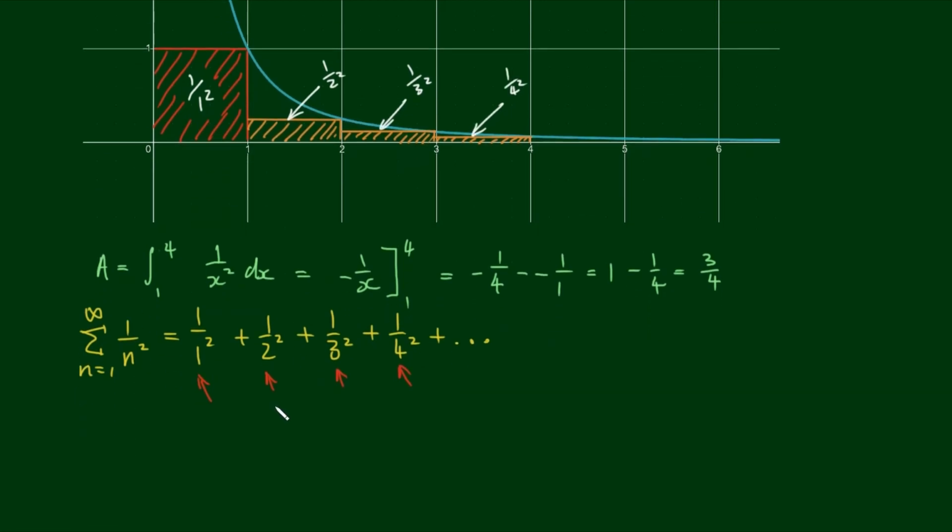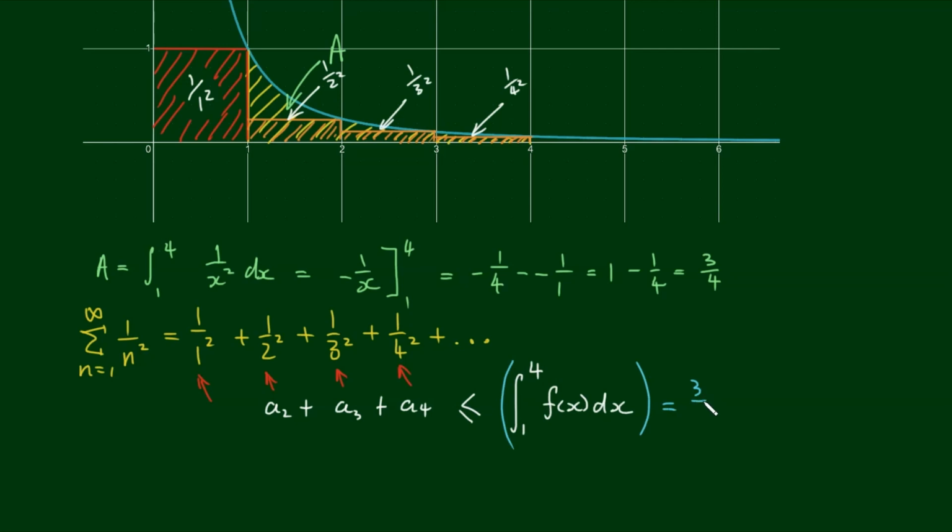So the addition of these rectangles, A2 plus A3 plus A4, we can see if we switch the area back on, is going to be less than or equal to the integral from 1 to 4 of the function f of x, which equals 3/4. Alright, so that makes sense.